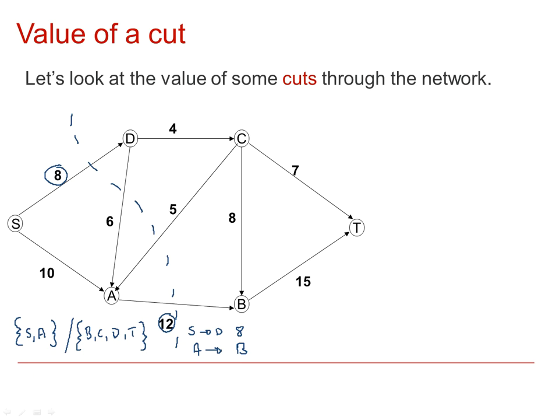So D A is going in, if you like, the wrong direction, and C A is also coming from the sink set into the source set. So it only includes those which are going from source into sink. So the 8 and the 12 giving us there a total of 20, or a value of 20.